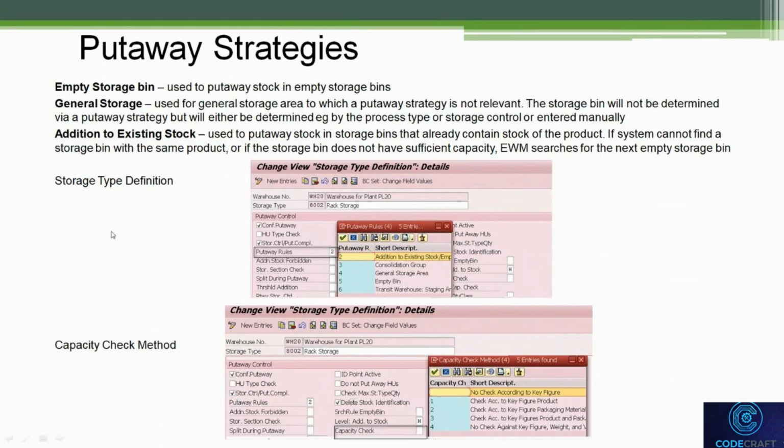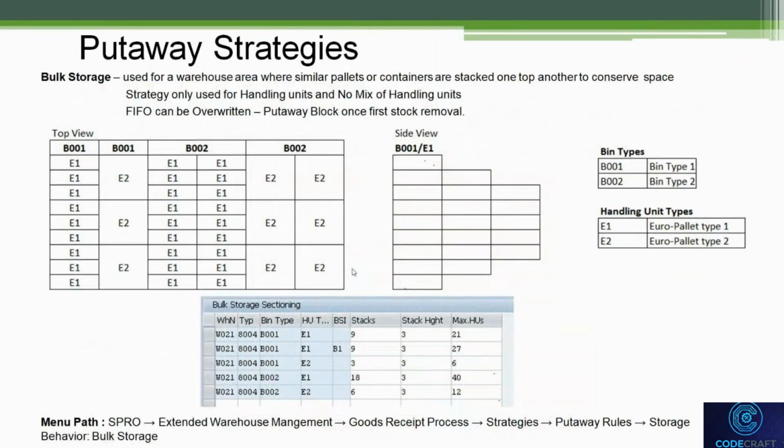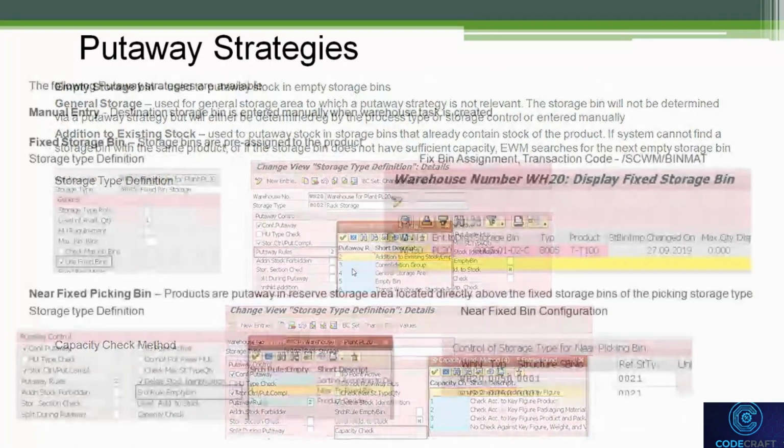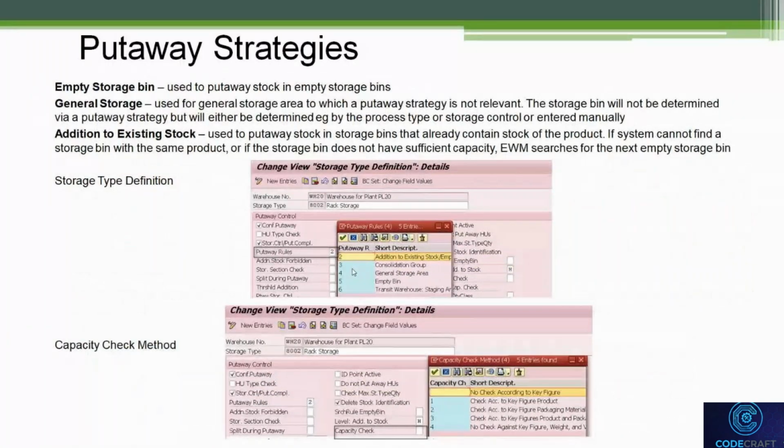For empty bin, the storage type indicator is something. For general, addition to stock, there is something. So these first six, there are a total of eight, are all configured at a storage type level by one indicator or another.